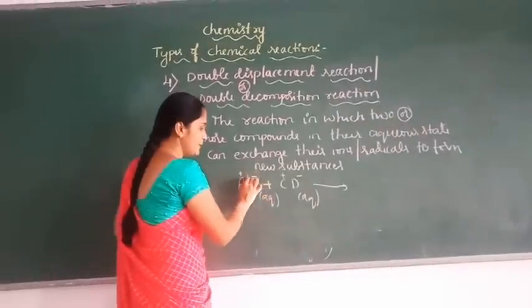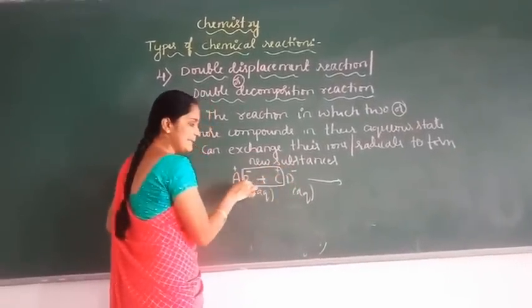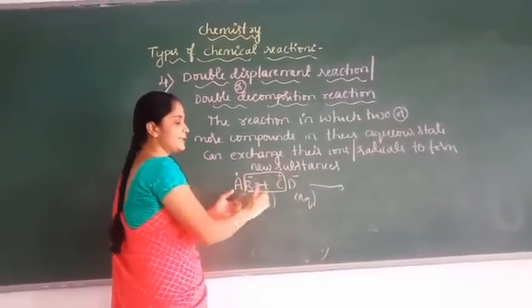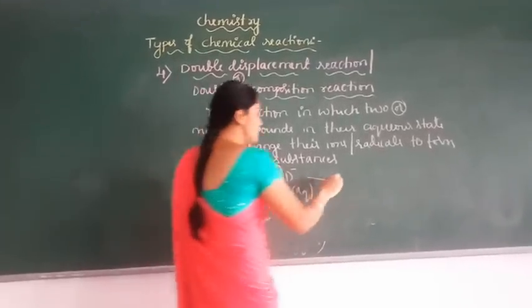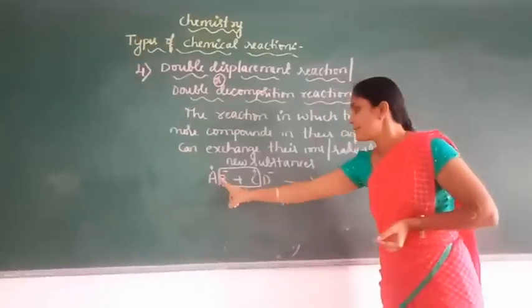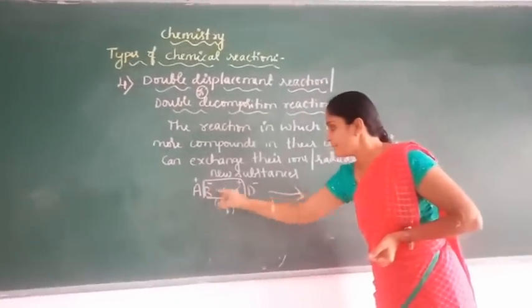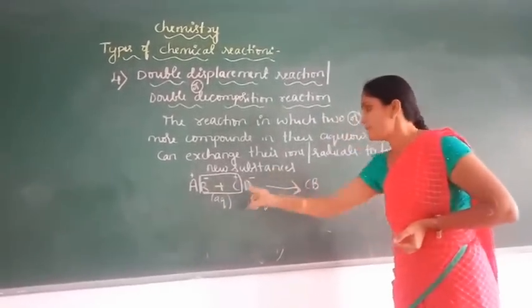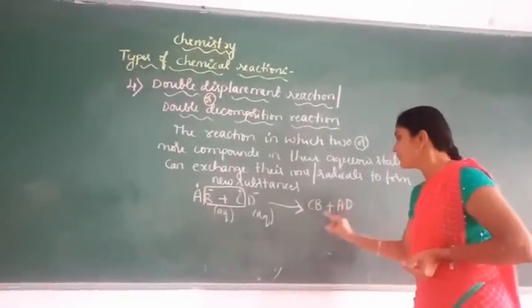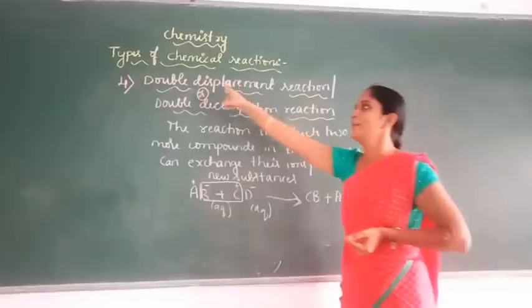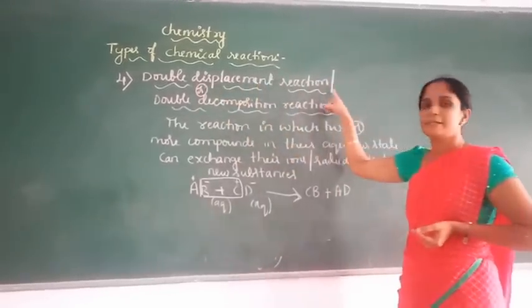So for example here, we get CB and AD compounds. So this type of reaction is called a double displacement reaction.